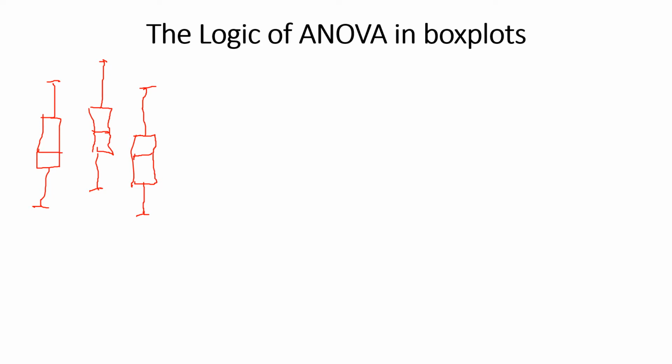So this is a case in which our null hypothesis of no difference, which is often written, if I remember correctly, for ANOVA, as mu1 equals mu2 equals mu3.